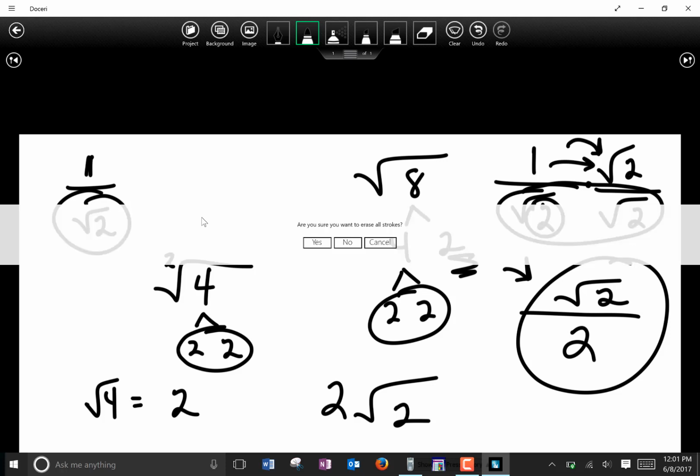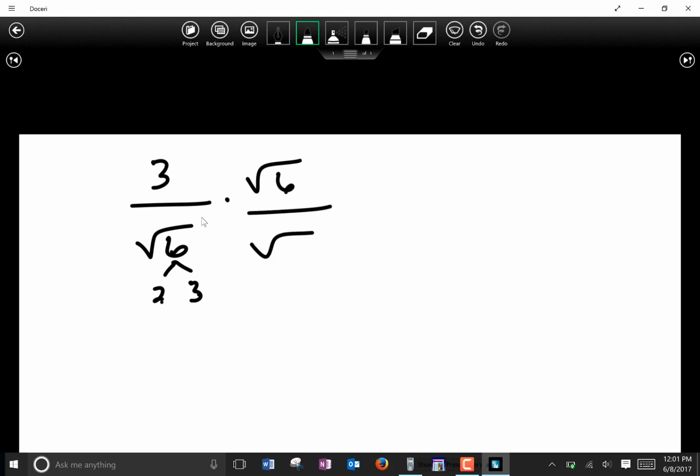Let's look at another one just to make sure that you guys get that. So let's say I had 3 over square root of, let's say, 6. 6 is 2 times 3. So I don't have 2 of anything. So I'm going to need another 2 and another 3, which means really I still just need another 6. So I would go over here and I would multiply by square root of 6 over square root of 6.